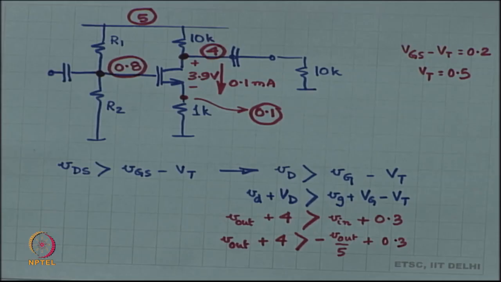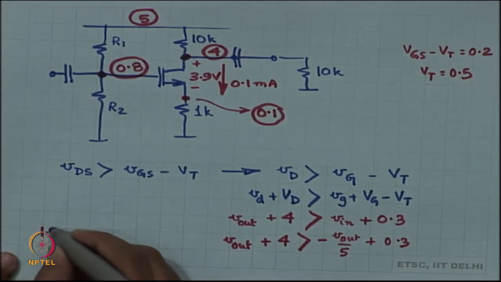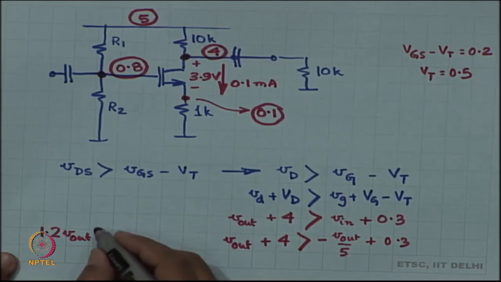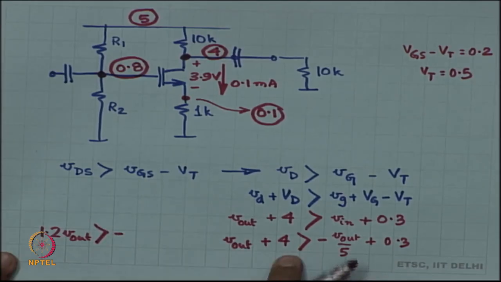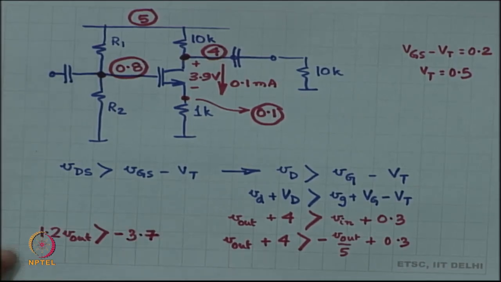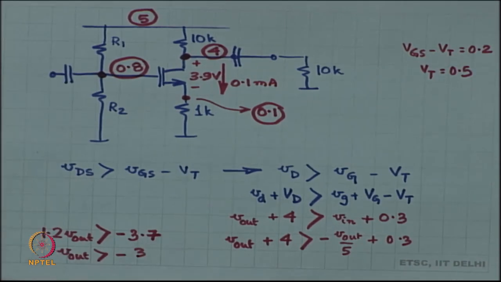So, now you put all the Vouts together, right. What do you get? You get Vout and then 0.2 times Vout. So, 1.2 times Vout is more than minus 3.7, or in other words Vout has to be more than something like minus 3, okay, minus 3.1.